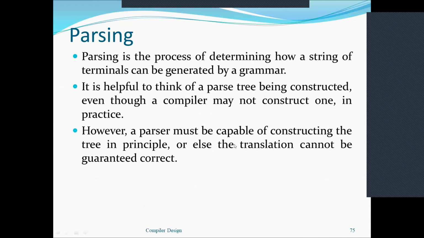However, a parser must be capable of constructing the tree in principle, or else the translation cannot be guaranteed correct. If a parse tree is not designed properly, a parser is required to translate the code into a tree structure.